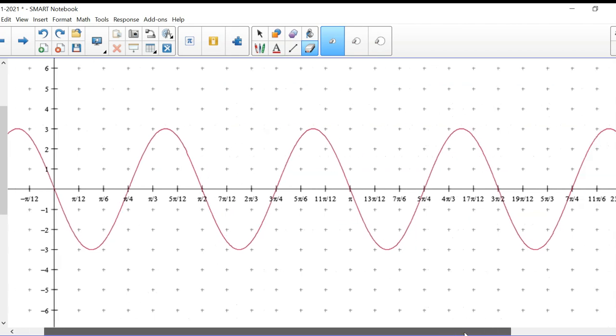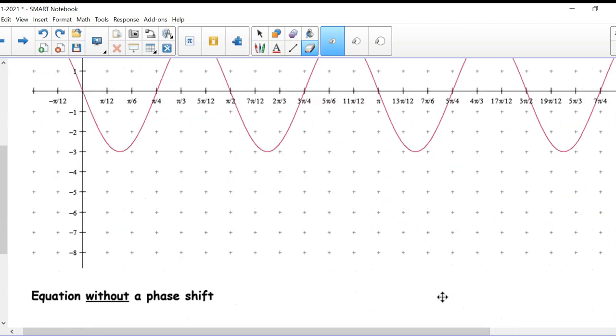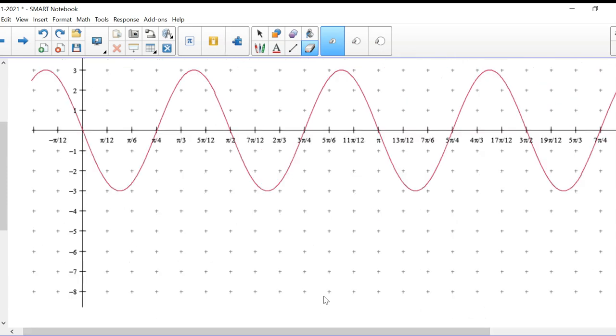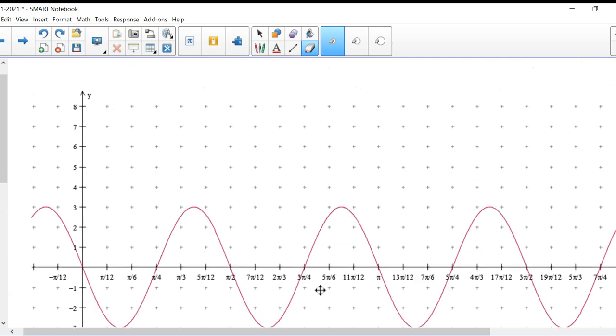All right. So I want you to look at that. And by the way, it says here equation without a phase shift. I'm going to write this with and without, so I'm going to do both. Okay? All right, so first things first.